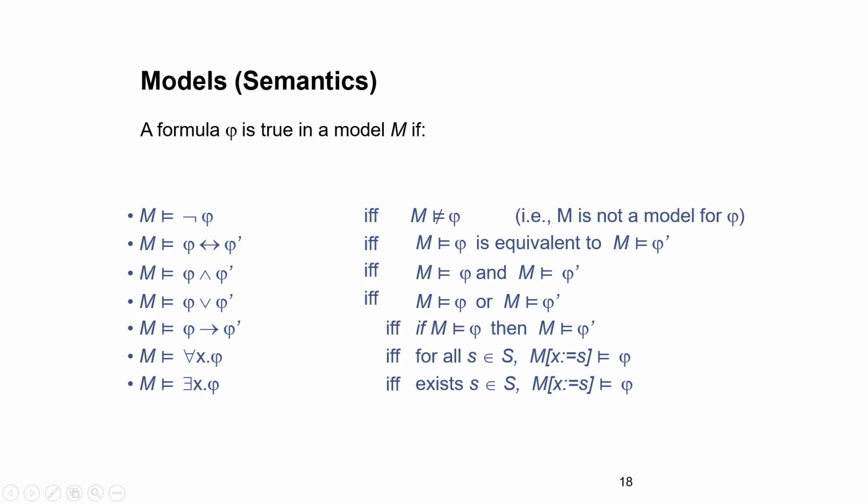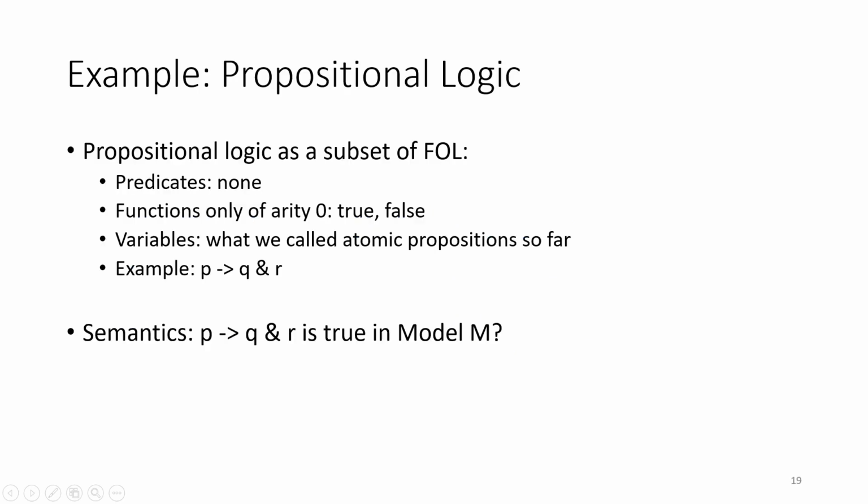That's this variable assignment. We update the model by saying this variable x now needs to point to this specific value s. Okay. Then we can see that propositional logic is actually included. The SAT solving stuff that we had so far with propositional logic is a subset of first order logic. We don't have predicates.